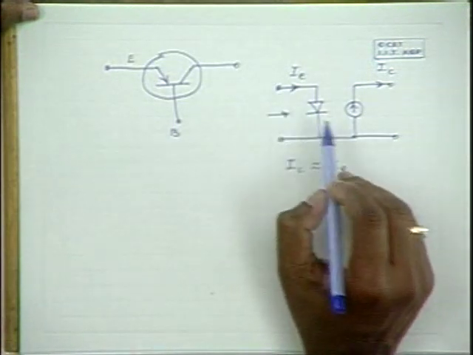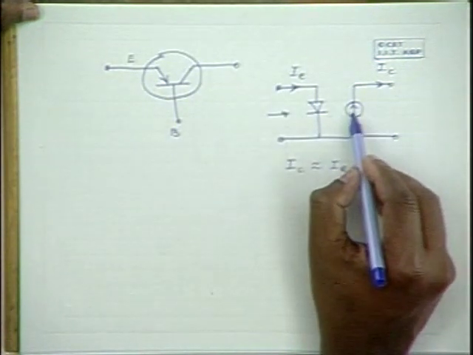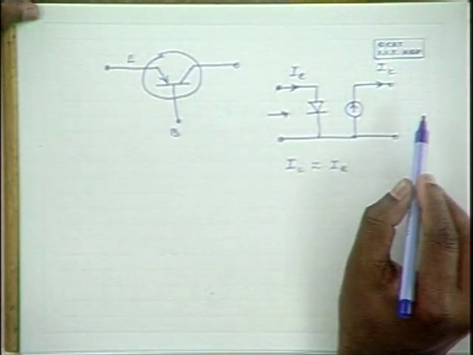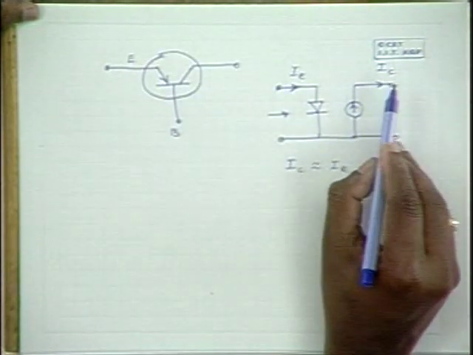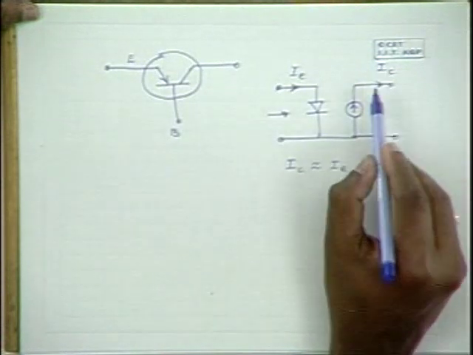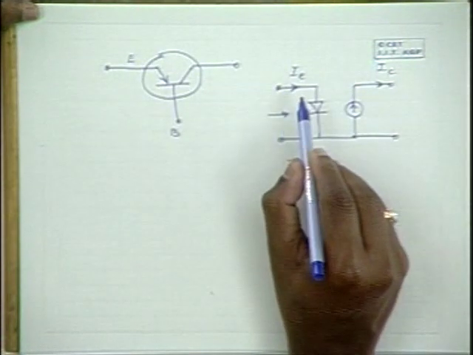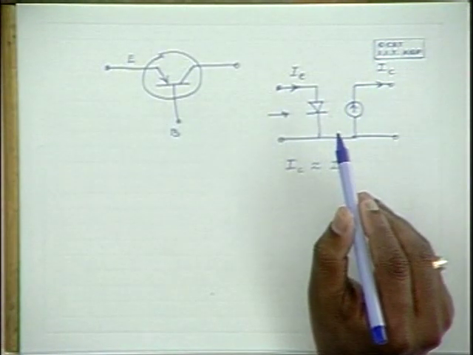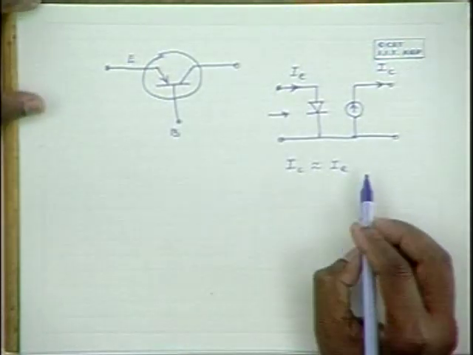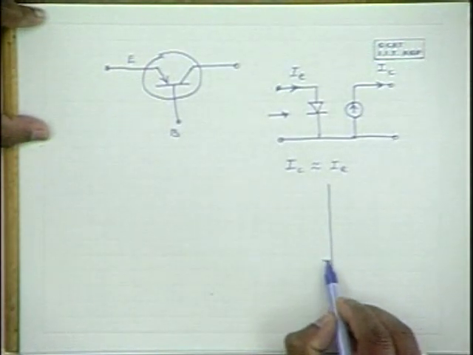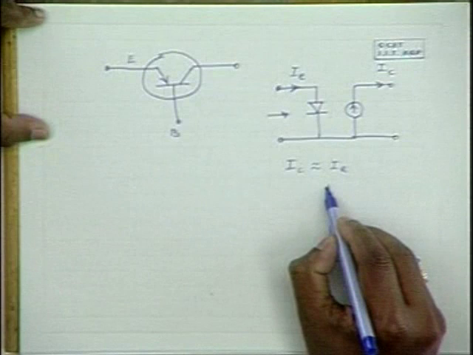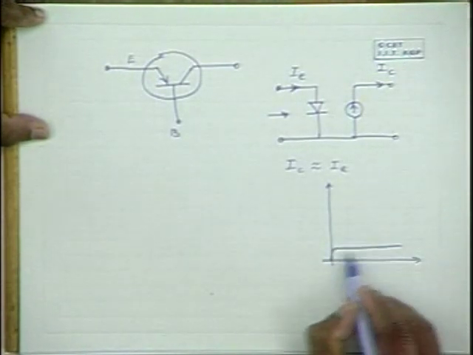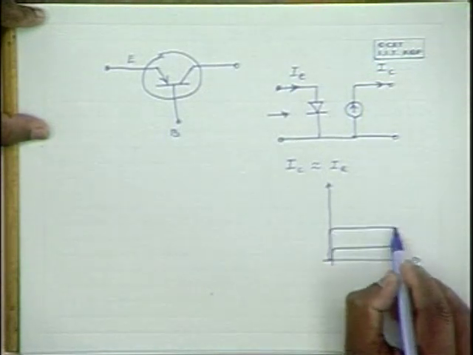Hence, on the output side, there is a current controlled current source. It is a current source which gives rise to the collector current, and that collector current is proportional to the emitter current, and it is almost equivalent to the emitter current. How do you draw this conclusion? From the output characteristics of the common base configuration, so we know that the characteristics is something like this.